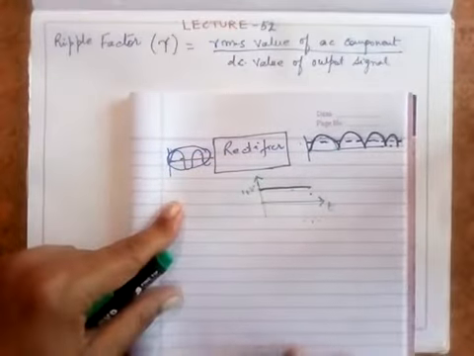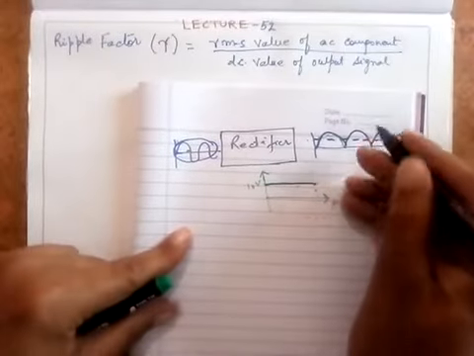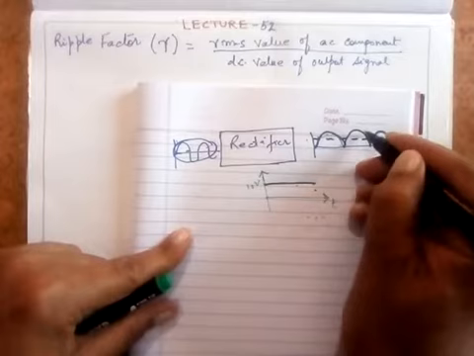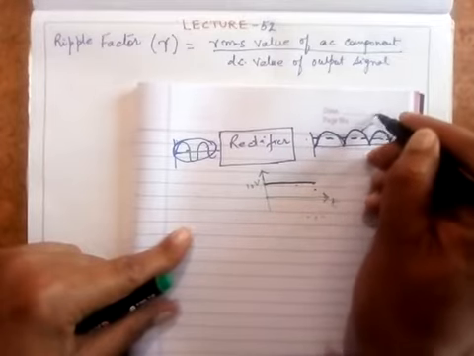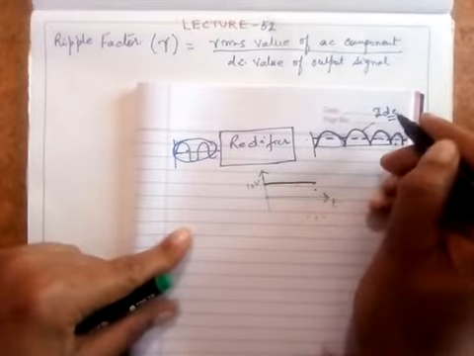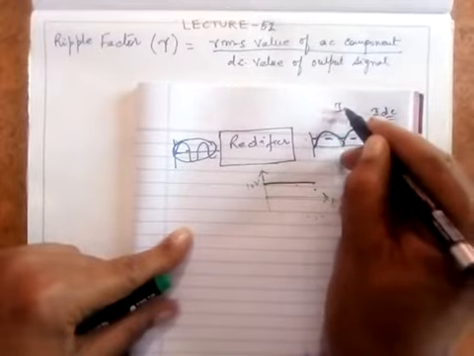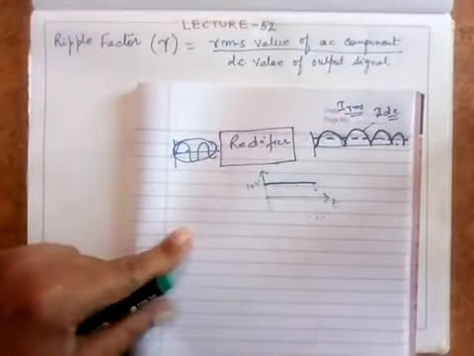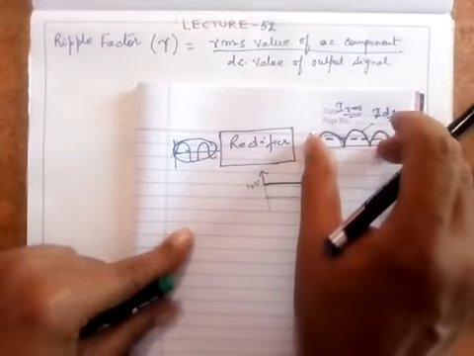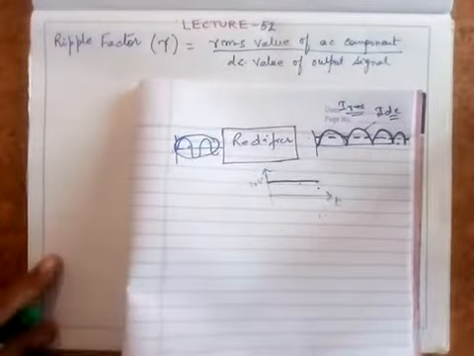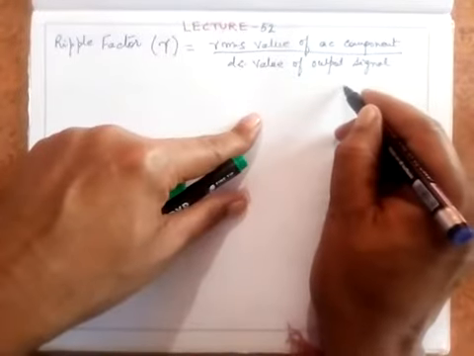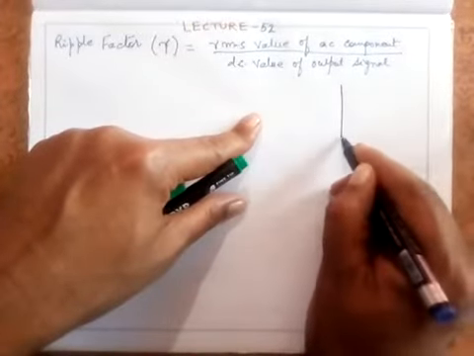For this full wave rectifier signal, we have found the average DC value, as well as the RMS value. So overall, I'll show it with the help of a phasor diagram.